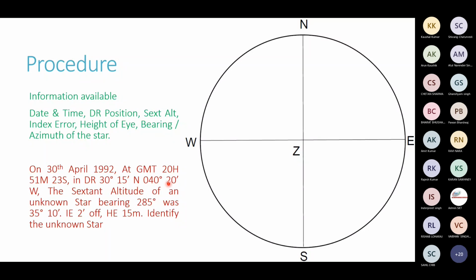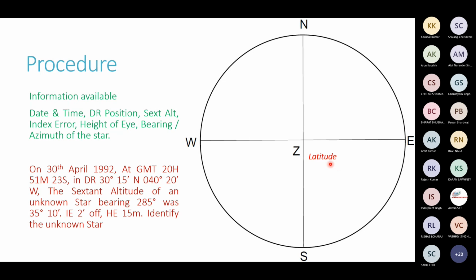That tells us that the zenith, which represents the observer's position on the celestial sphere, has to be 30 degree 15 minutes north of the equinoctial, which represents the equator, or you can say the equinoctial has to be 30 degree 15 minutes south of the zenith in this case. So let's show the equinoctial here.